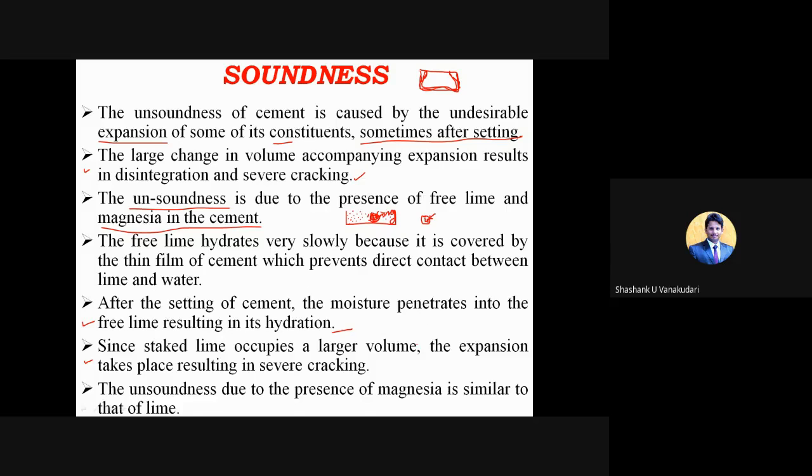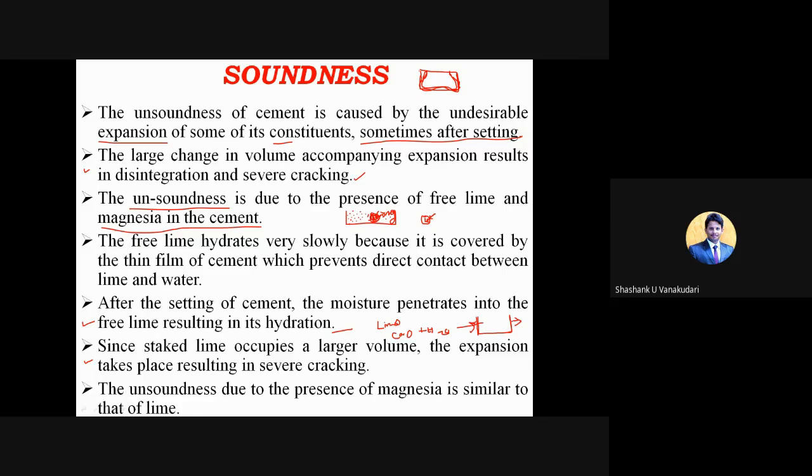So what is going to happen: this lime, pure lime, that is calcium oxide, when it reacts with water, occupies a large volume. Whatever volume you get will be higher, and that total volume expands.